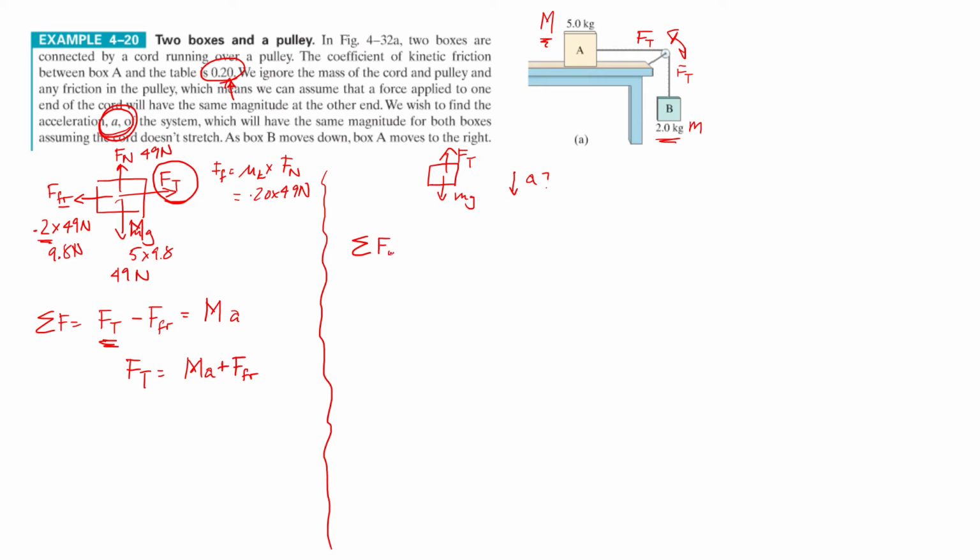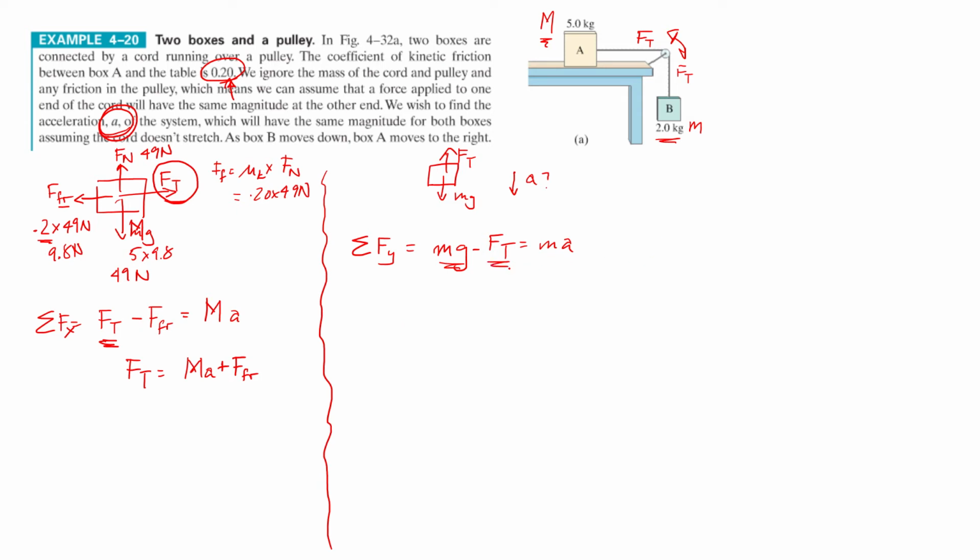Sum of forces on the y-axis is going to equal little mg minus FT, and that's going to equal little m times a. And again, I chose mg as positive because that's the direction that it's going in. It just saves us a lot of trouble later on.